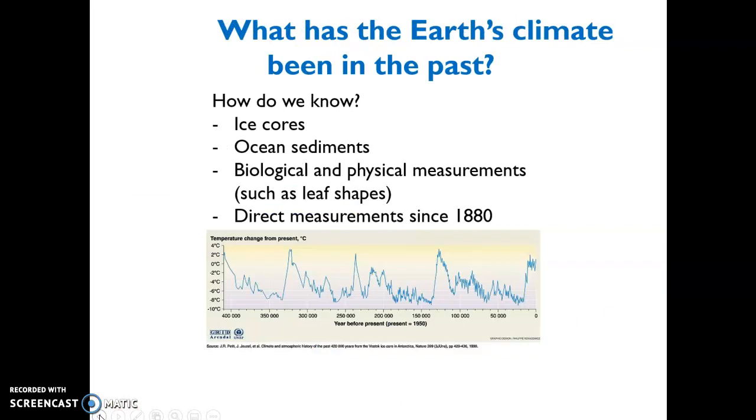Second way is ocean sediments. There is a genus of organisms known as Foraminifera, and they have been around for hundreds of thousands of years. And they're kind of like the roaches of the oceans. They're numerous. They have hard shells that when the organism dies, it lands on the bottom of the seafloor and piles up.